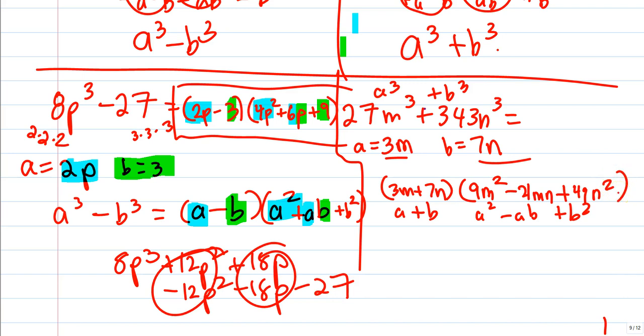And that's it. Type it in, hit enter, get your credit. You can always check it. 27m to the third, 3 times 21 minus 63m squared n, plus 3 times 49 would be 147 mn squared.